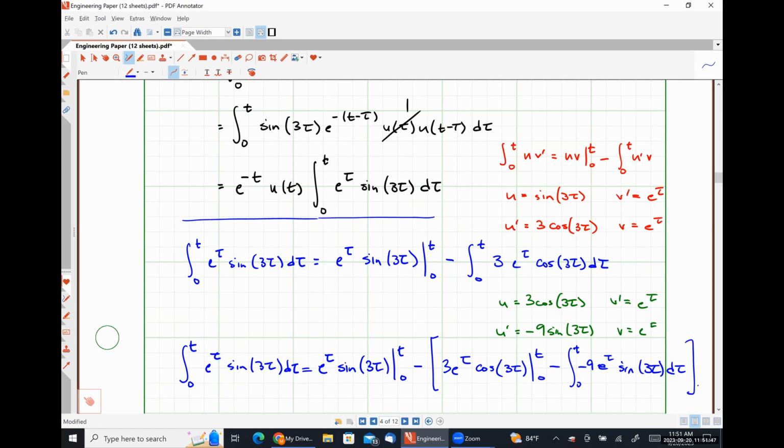Close things up here. Can I screw any of this up? Always a possibility. So just going to double check things here. u times v, this guy right here, all that seems legit. u prime is the -9 sine. v is going to be the t, so that seems fine as well.